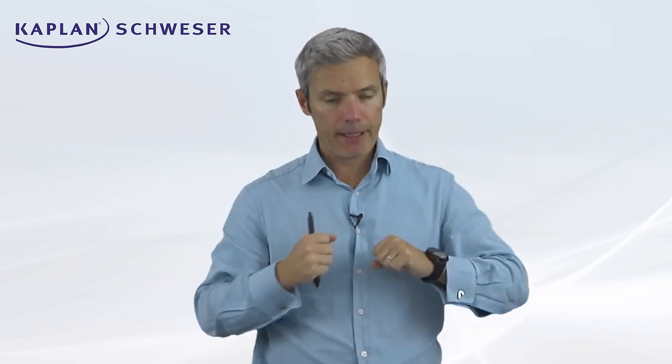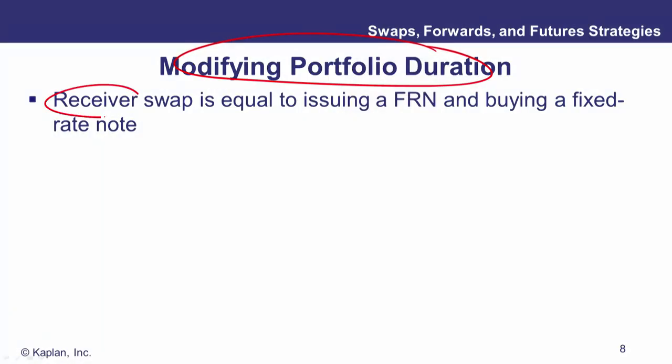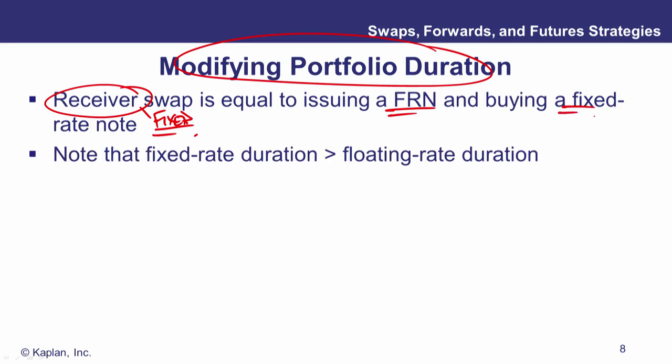All right. So big picture, it's the fixed leg that brings duration with it. If you receive fixed, duration will go up. If you pay away fixed, duration will go down. Okay, that's the big picture. And the slides are going to be agreeing with us here. The receiver of what? Receiver of the fixed side. Well, that's like they're issuing a floating rate note and buying a fixed coupon instrument, a fixed rate note.